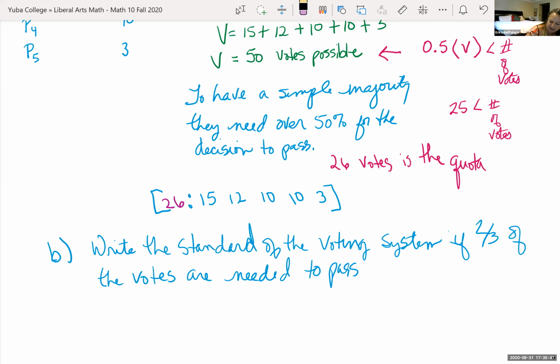So it's almost the same, right, how we would write it above. We just need to change the quota. We need to figure out what 2/3 of our 50 votes are.